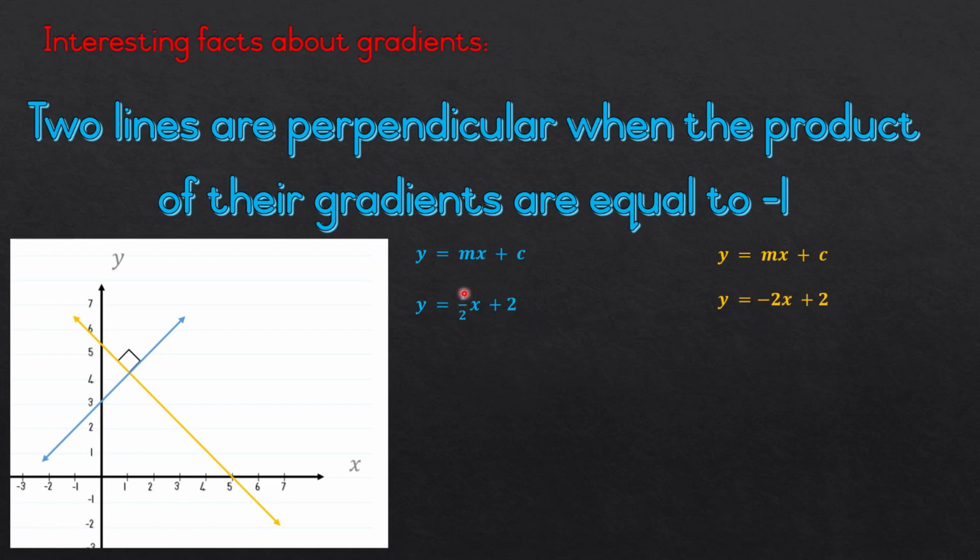If we look at this half, the blue function, it is positive, so our gradient is positive. This gradient is negative, there we can see it is negative. Then take our two m values, our half times -2 will give me -1. Now we've proven that those two lines are perpendicular because the product of their gradients is equal to -1.